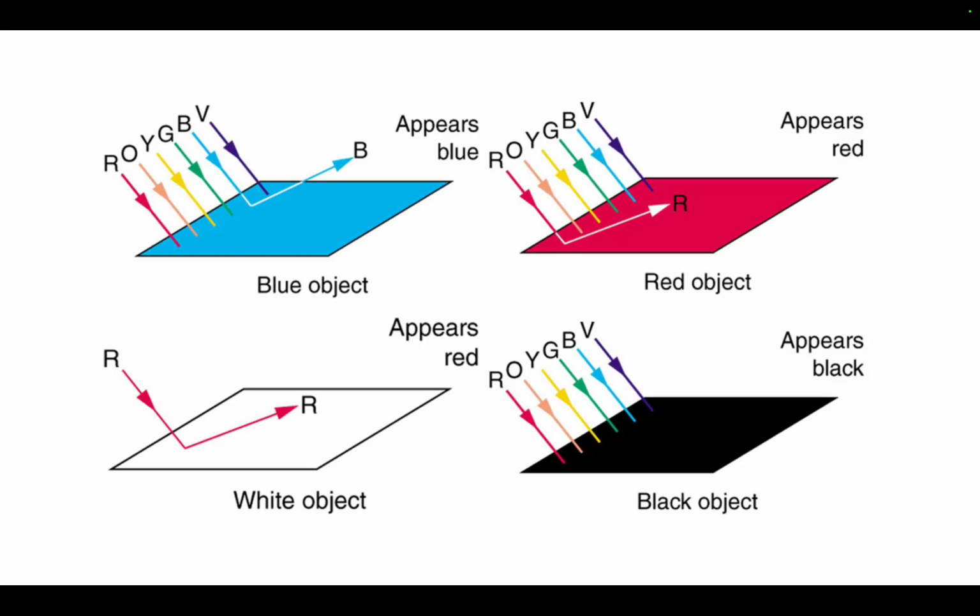Red object, same again, so you shine white light on it, and it will reflect strongly the red wavelengths, therefore the object appears red. A white object, if you shine red light at it, now white, remember, reflects all wavelengths of light, so the red will be reflected and it will appear red. And then black, remember a black body absorbs all wavelengths, so it will still appear black.